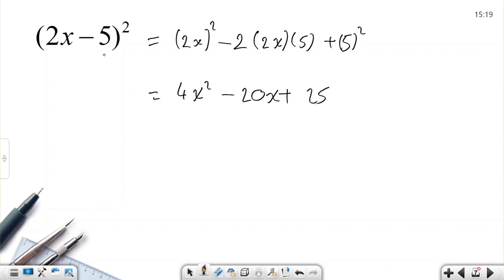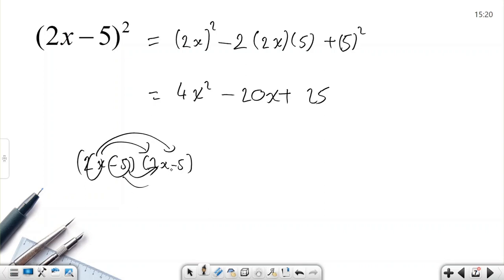So we multiply 2x minus 5 and 2x minus 5, and that will be the result. You can use the distributive property, multiplying 2x minus 5 and 2x minus 5, that's 2x minus 5 square. You can use the distributive property one by one, but it will take lots of steps to get 4x squared minus 20x plus 25.